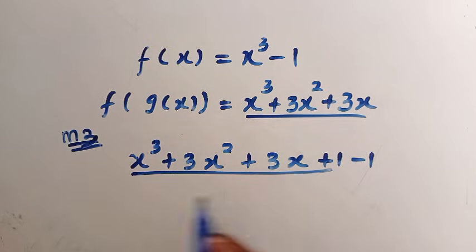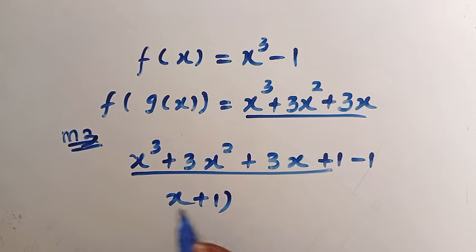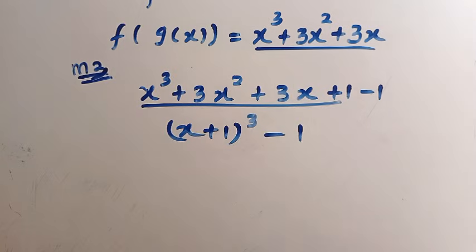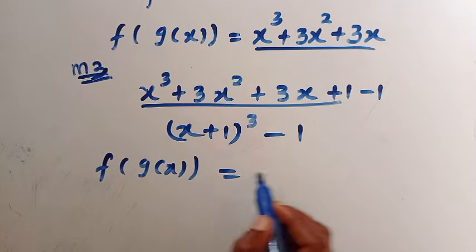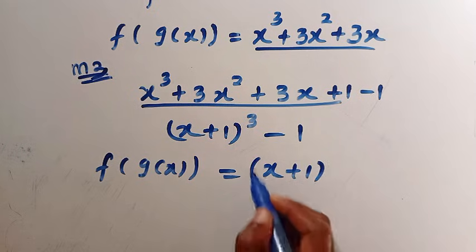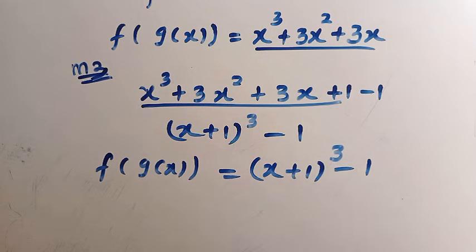The whole of this becomes x plus 1 raised to power 3, then minus 1. So we can let the whole of f of g of x equal x plus 1 raised to power 3 minus 1. This is still the same thing.